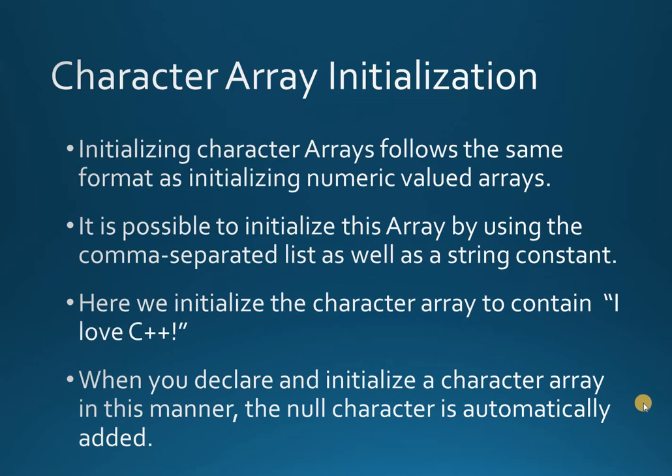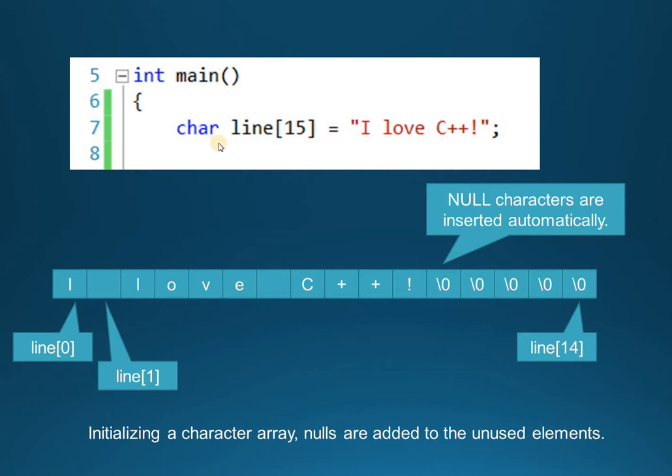So let's look at array initialization. It's basically the same process as with other types of arrays that we usually put numbers in. However, we have to be cognizant of the null character. So if we initialize a C string, char line[15], with "I love C++", one of my favorite strings, there are 11 characters in "I love C++".